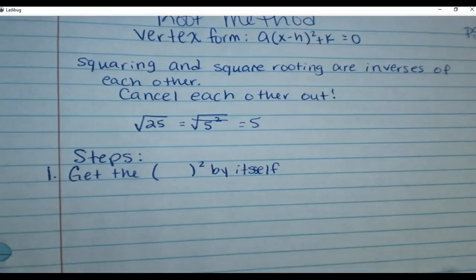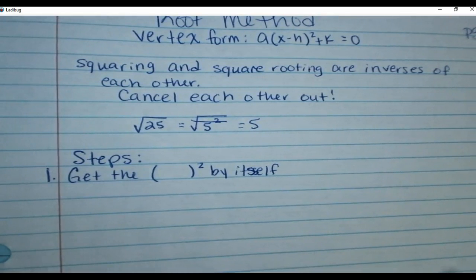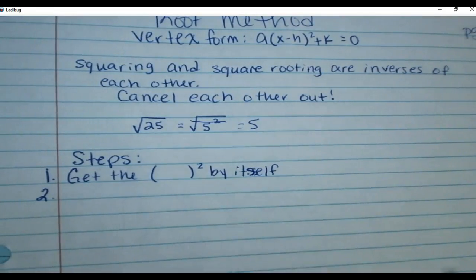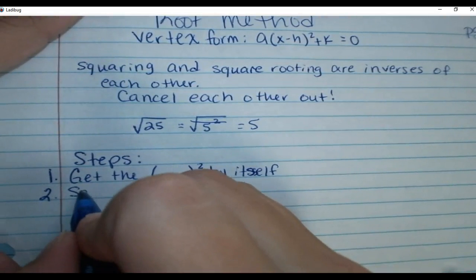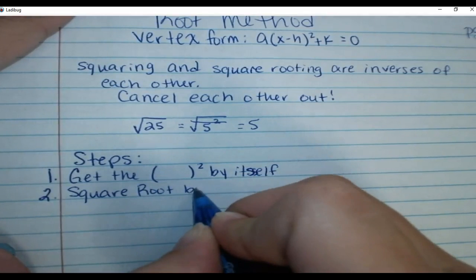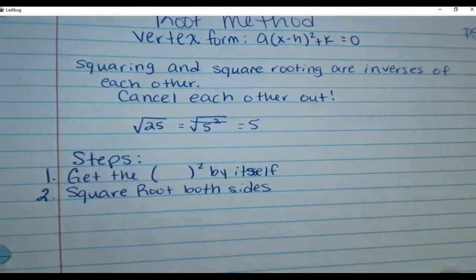You might have to add, you might have to divide or something like that, but you want to get those parentheses and the squared by itself. Then the second thing you want to do is get rid of that square by square rooting both sides. Okay? And that's why it's called the square root method, because we have to take the square root.